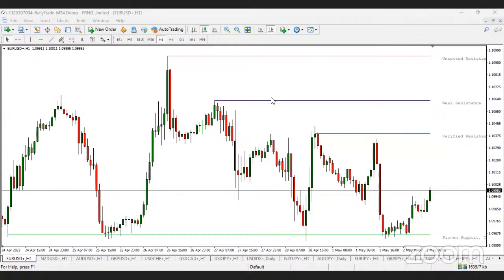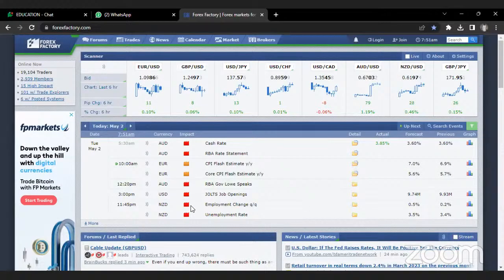Okay, so our calendar for today, as regards what we'll be looking at to trade, we have some important news for today. That of AUD is out already around 5:30 a.m. And we have that of Euro for 10 a.m. Then 12:20 p.m. for AUD as well.